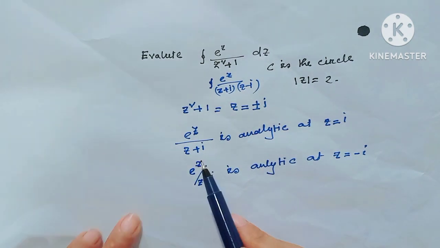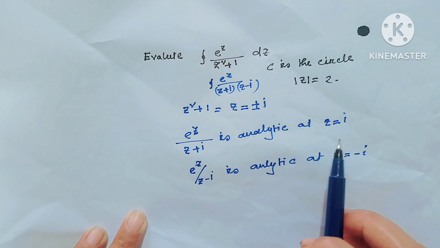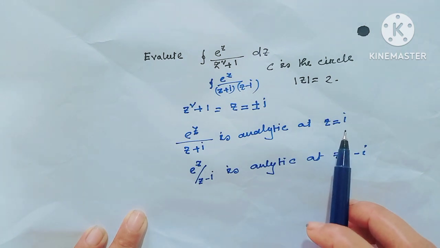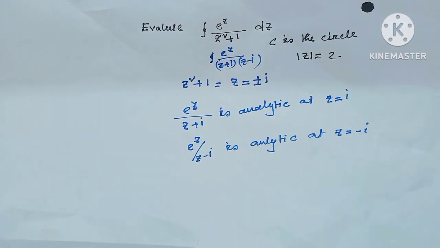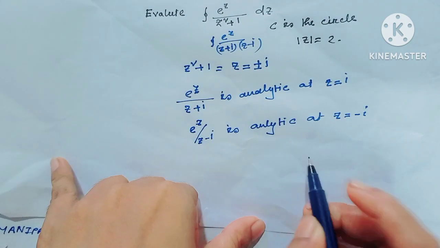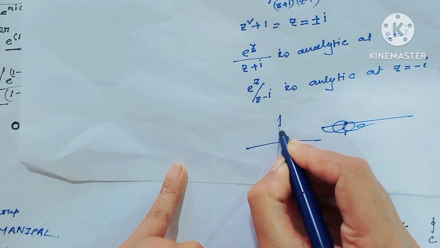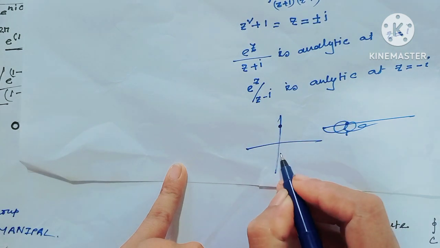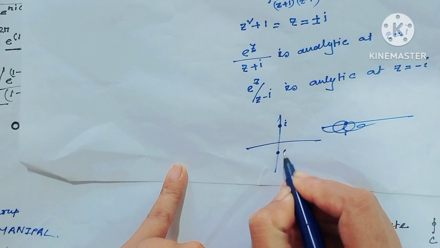And e^z over z plus i is analytic at z equal to i. And e^z over z minus i is analytic at z equal to minus i. So the picture would be such: here the point i on the y axis and here the point minus i.